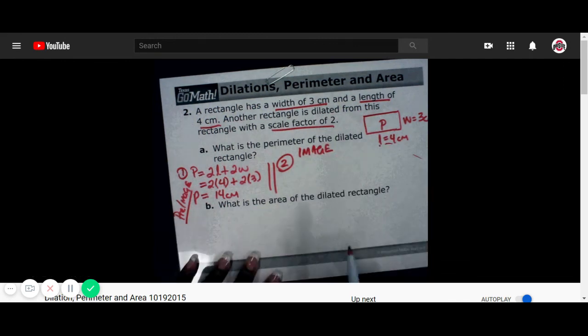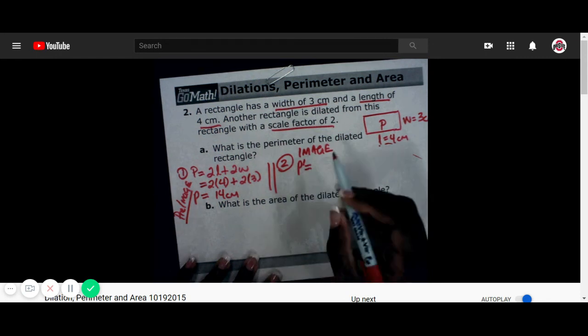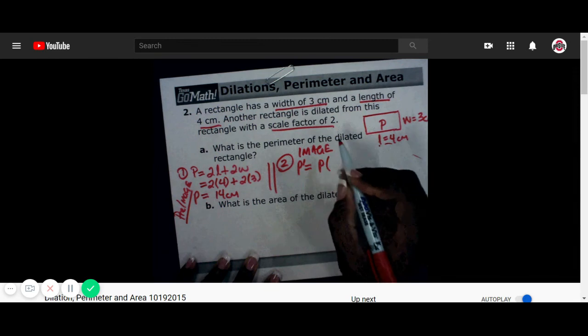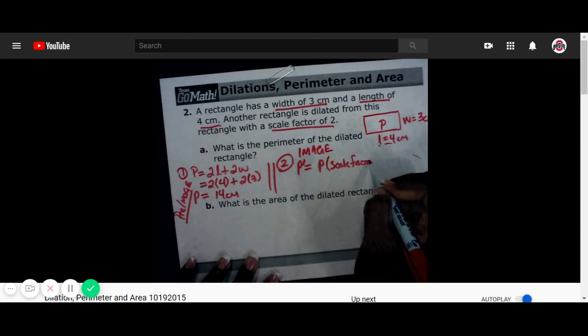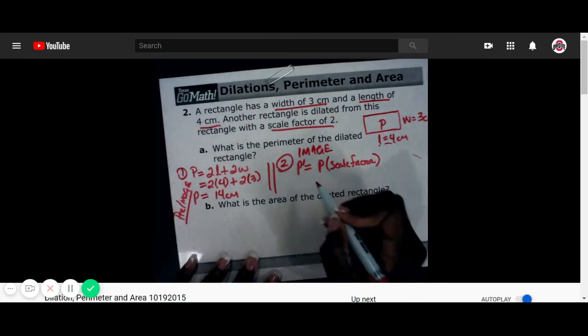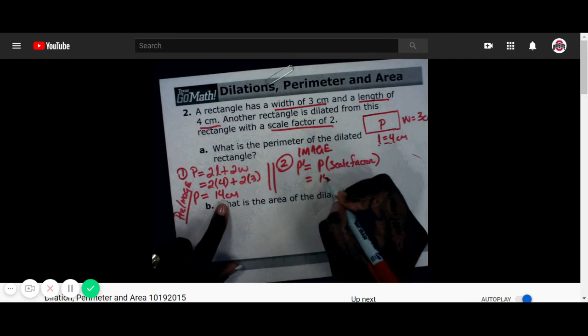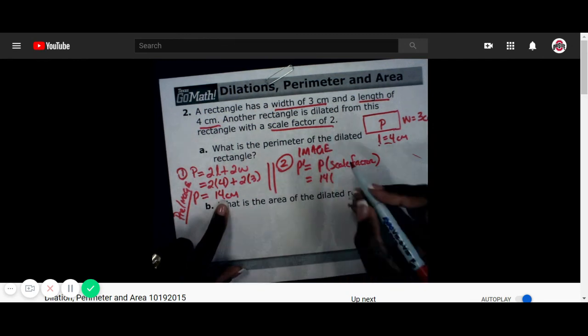So for P prime, the image, the formula is the perimeter times the scale factor. We found our perimeter in step 1. Our perimeter is 14. And then times our scale factor, we're given a scale factor of 2.